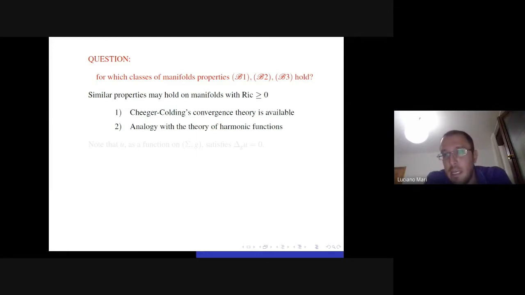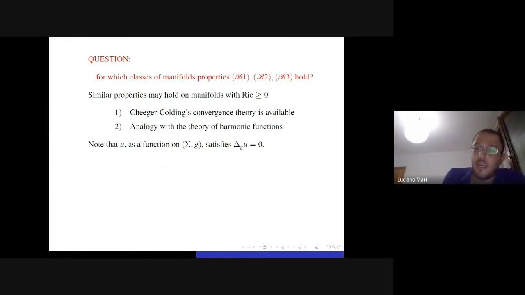That, however, needs further ingredients, but some of them are present for manifolds with Ricci non-negative, and because there is an analogy with the theory of harmonic functions on manifolds with non-negative Ricci curvature. And indeed, if we see the function u as a function on M endowed with the graph metric, so on sigma, u is harmonic. But you lose the control of Ricci non-negative on the graph.